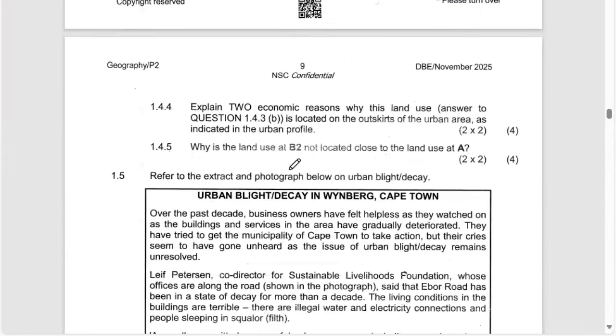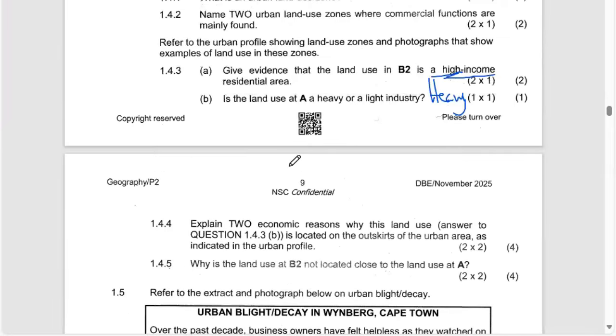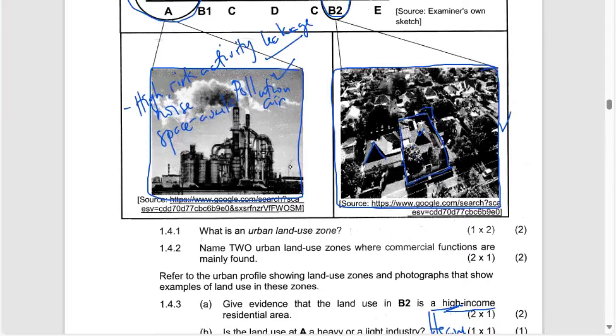So for economic reasons, mainly, those were general reasons that we're highlighting. For economic reasons, we are saying one reason is availability of space. Availability of cheaper land.